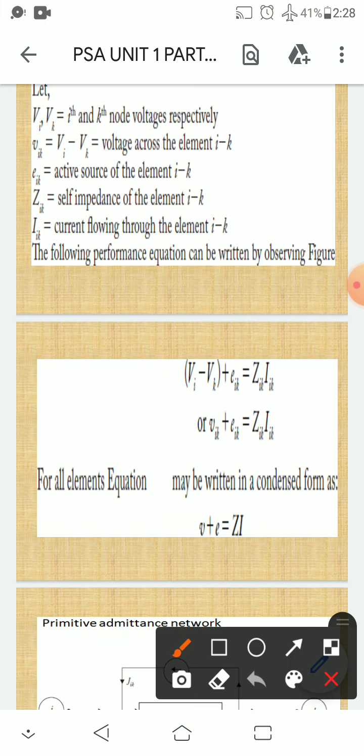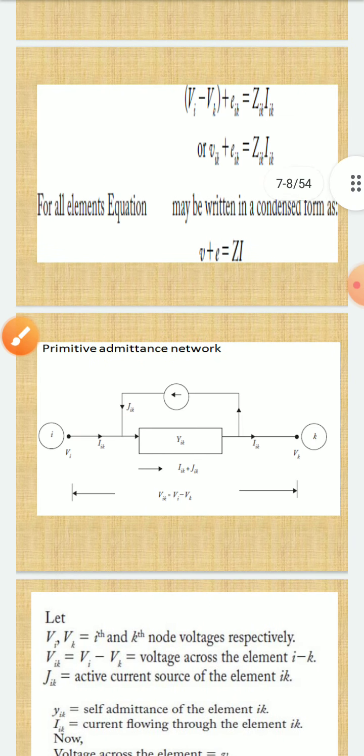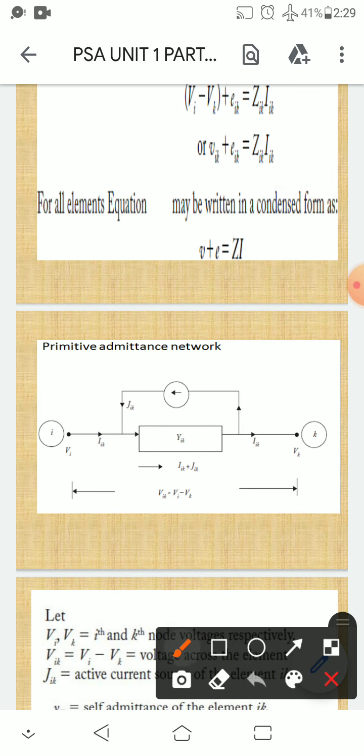In condensed form, for all the elements, it can be written as V plus E is equal to Z into I.